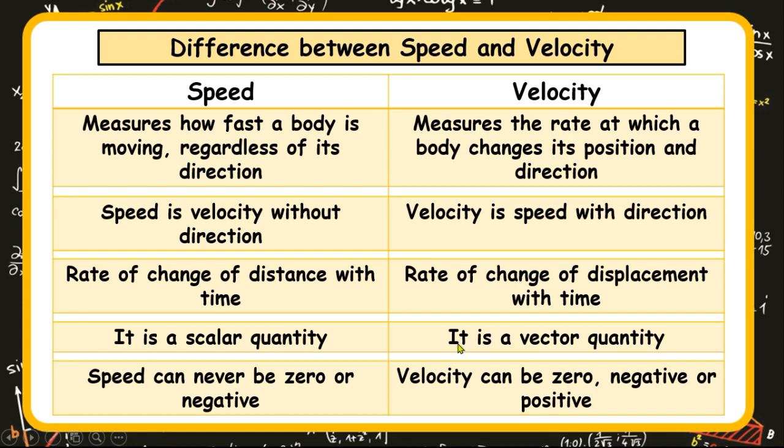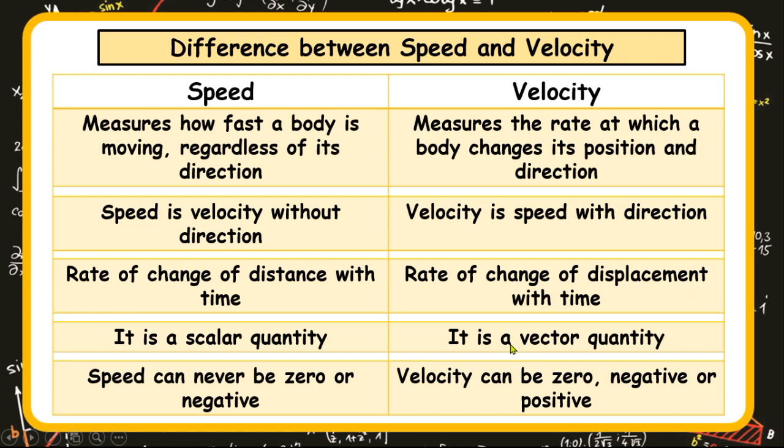But velocity is a vector quantity, meaning it has a magnitude and has a direction. So you can say it's moving 30 meters per second towards the west. It is moving 10 meters per second towards the south.